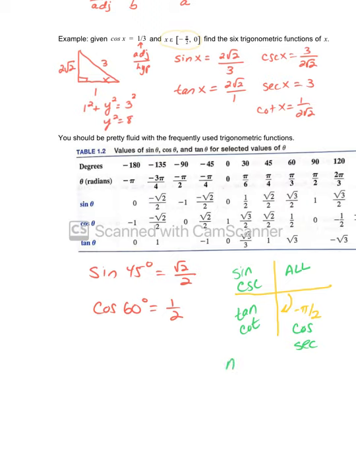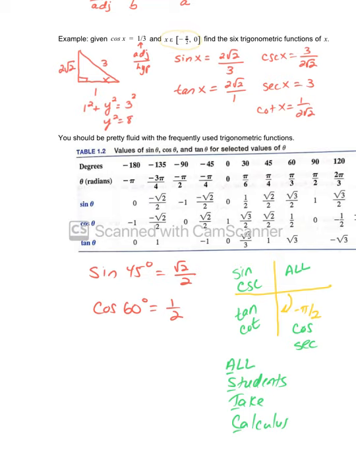You may have heard the acronym All Students Take Calculus, which would remind you of which quadrants were which. All, sine in the second quadrant, tangent in the third quadrant, cosine in the fourth quadrant.